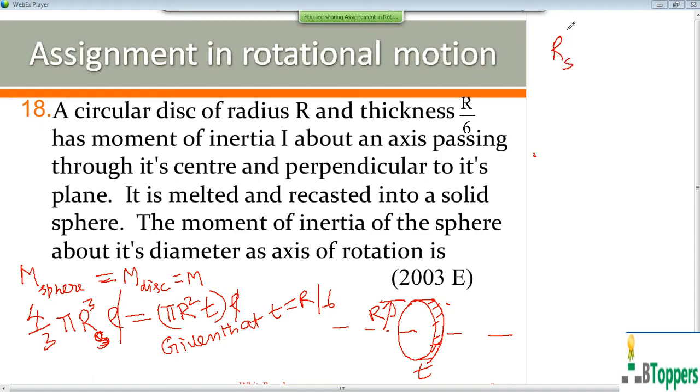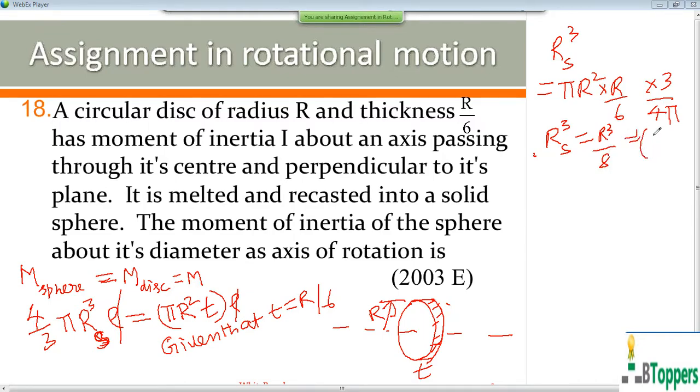So therefore, cube of the radius of sphere, you can write pi r square into thickness T of the disk, you can write r by 6, into 3 by 4 pi. So you get rs cube equal to r cube by 8, or you can write r by 2 whole cube. So if we take cube root here, you can write radius of sphere to be equal to r by 2.